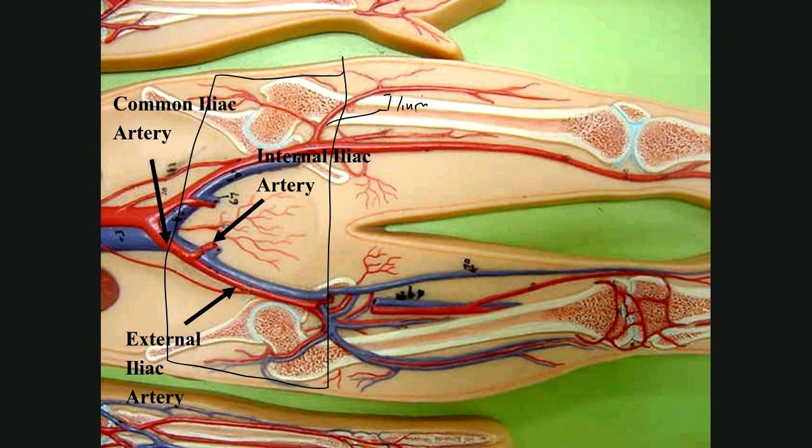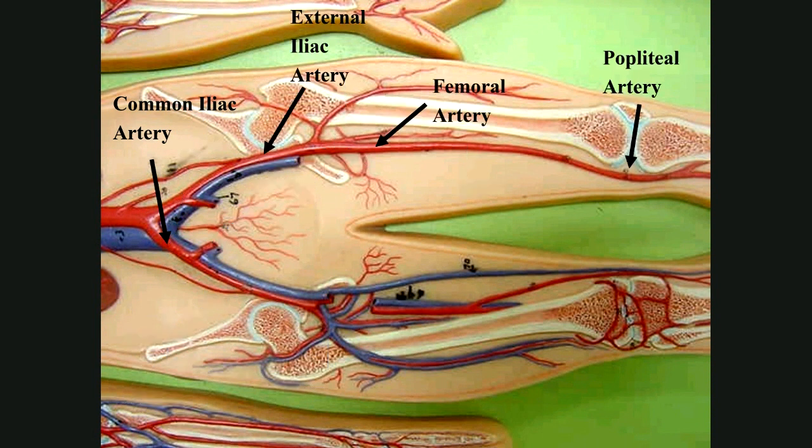We're not going to call it iliac anymore. This is the femur. So it's running next to the femur, and so it's called the femoral artery. So common iliac, external iliac, femoral.